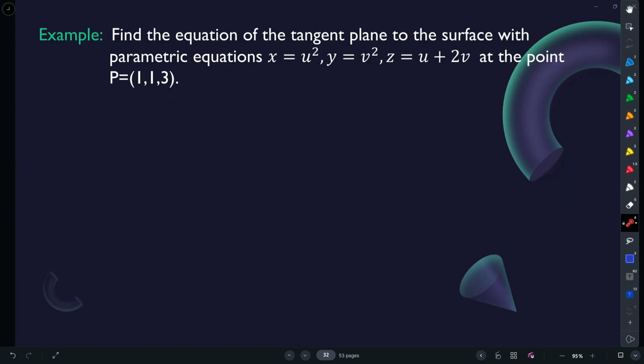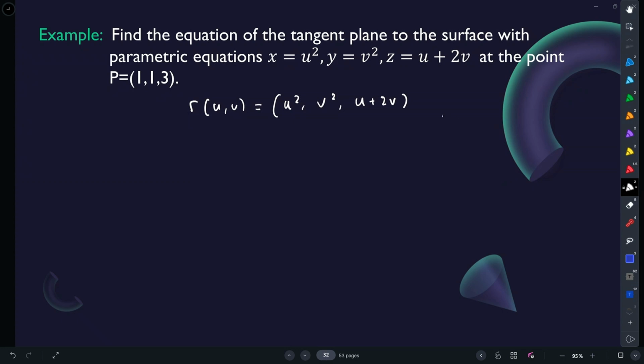So let me give you an example of how to figure out a tangent plane. The parametric equation is just given by u squared, v squared, u plus 2v.